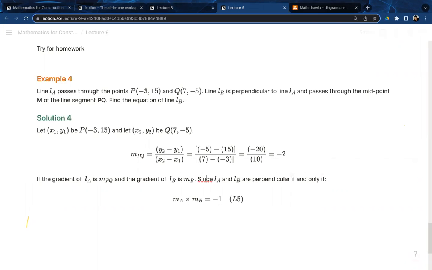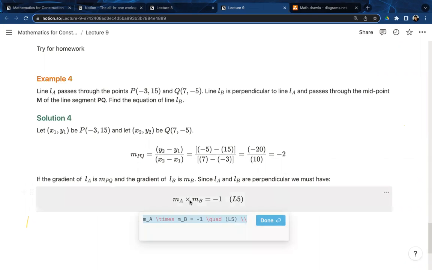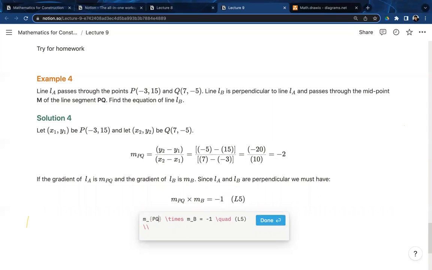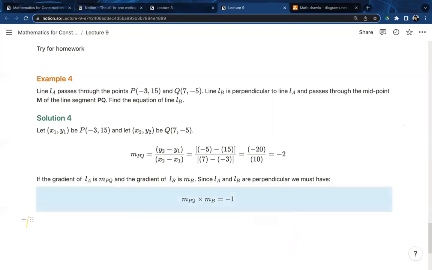Since LA and LB are perpendicular, we must have m_PQ times m_B, which is the gradient of the LB line, equal to -1 when you multiply them.